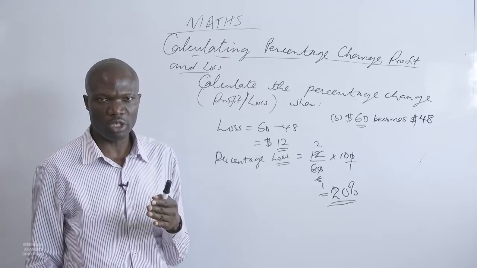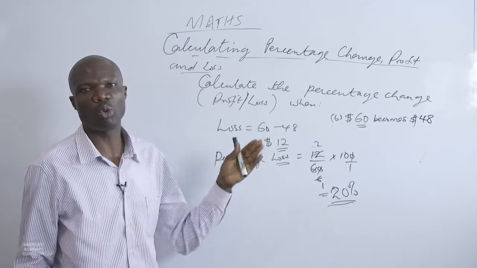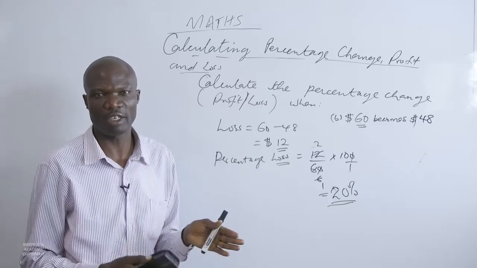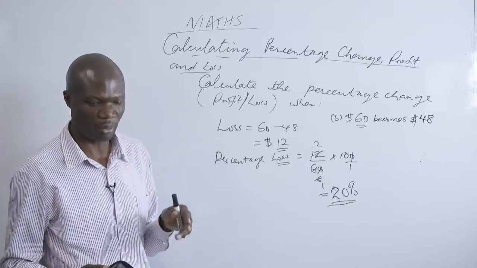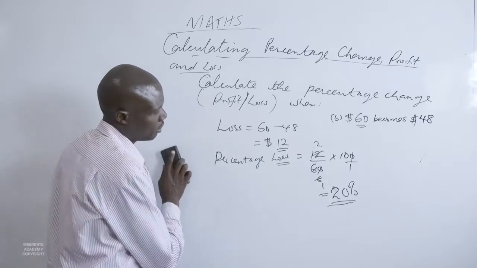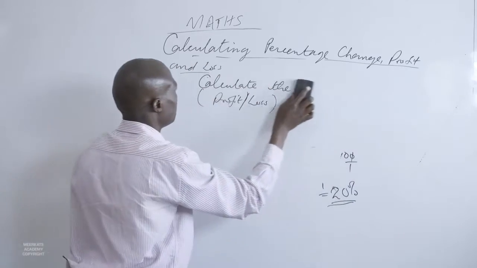Now, I want us to get into word problems. In word problems, you can see what is taking place, identify the kind of change that is taking place, and then calculate your percentages. So solving worded problems.